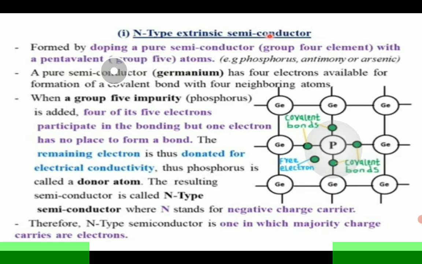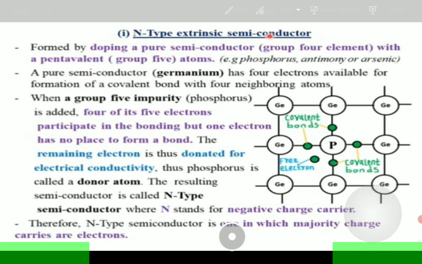All right. So a pure semiconductor such as germanium has 4 electrons available for formation of a covalent bond with 4 neighboring atoms. Okay, so let's look at this in relation to the diagram we have here. If you look at this structure, this is a covalent structure, a giant structure, as it is sometimes called, of germanium.